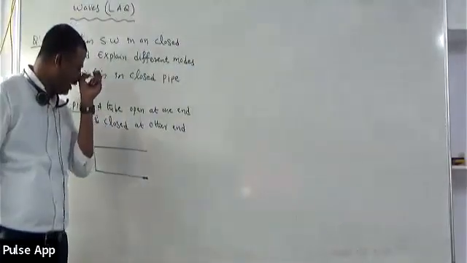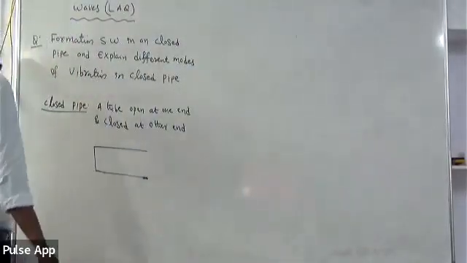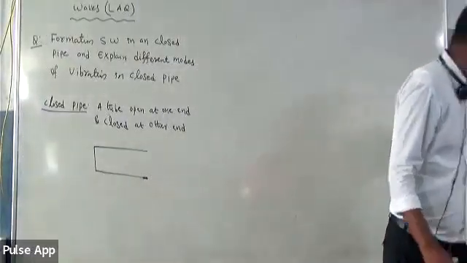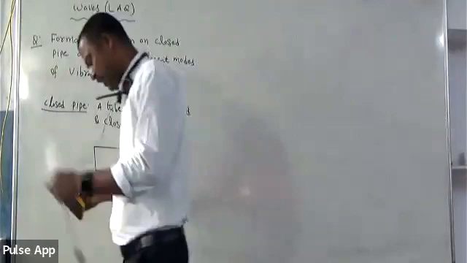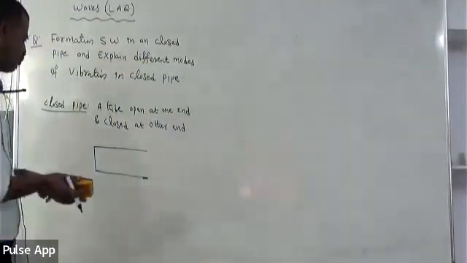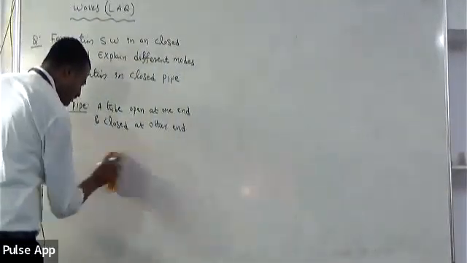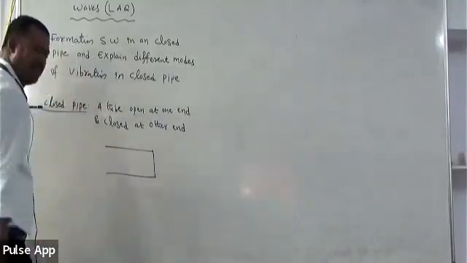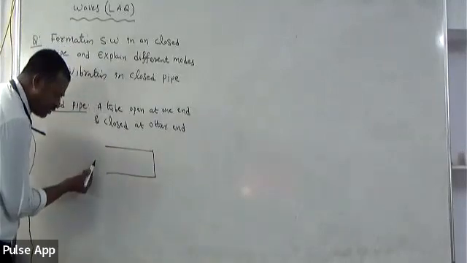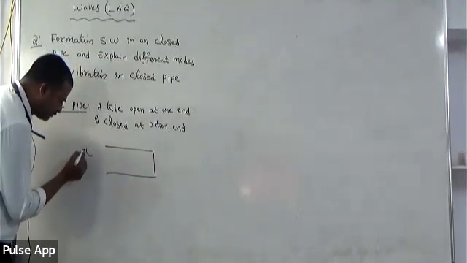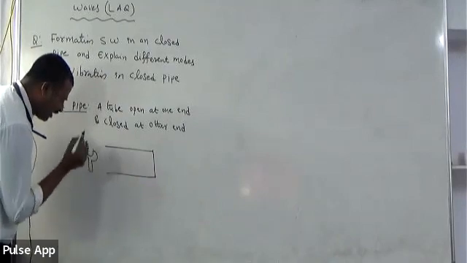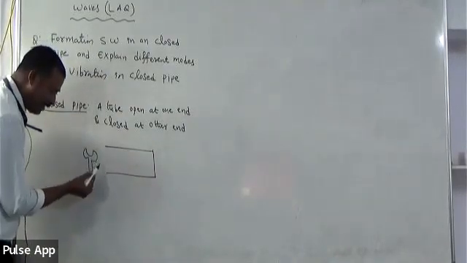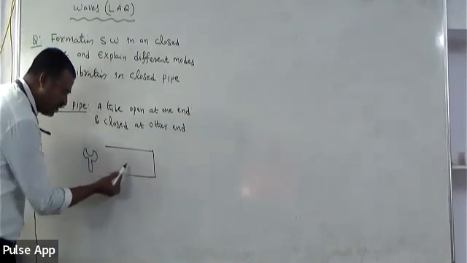So as usual, just like the stationary wave formed in an open pipe, the same procedure is followed in a closed pipe also, but the only difference is this. Suppose you keep a vibrating tuning fork near the open end of the pipe, then this vibration will pass into the pipe.